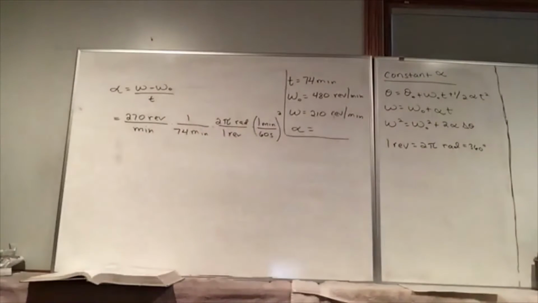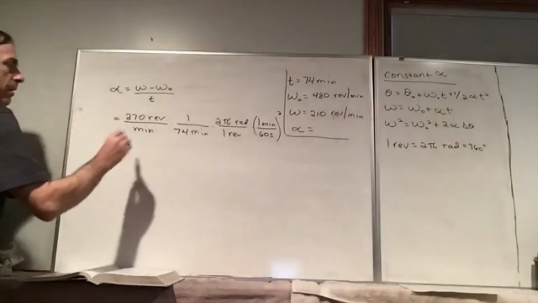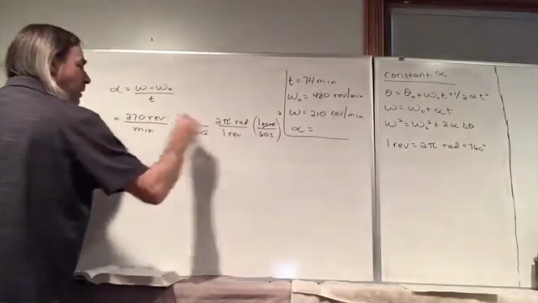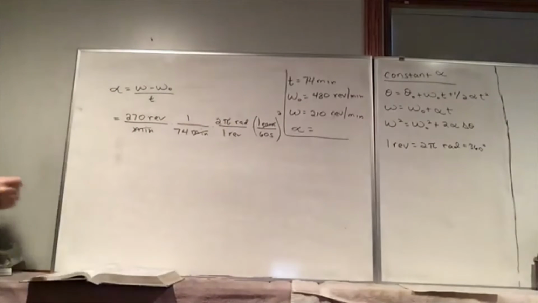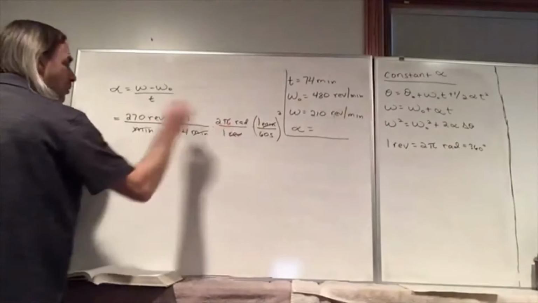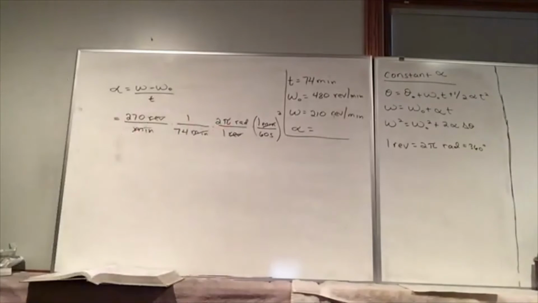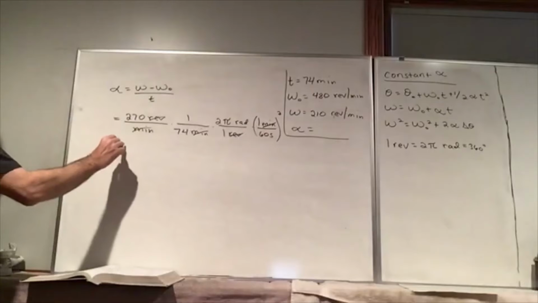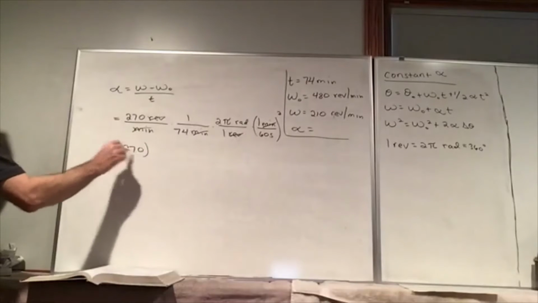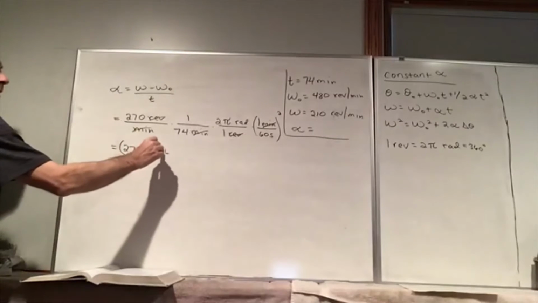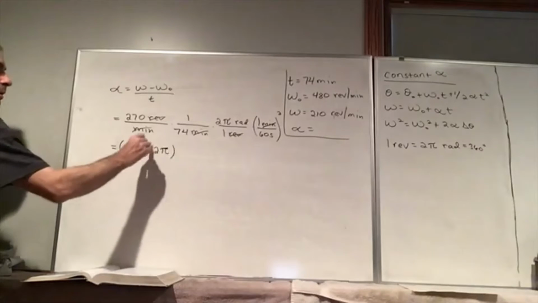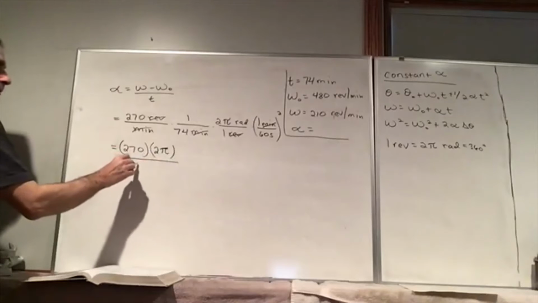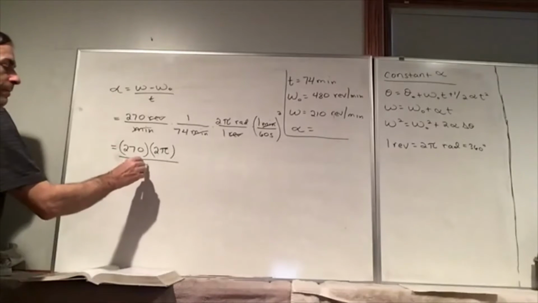And we square it. So let's check our units. Here, let's just cross it off. We have a minute squared, that cancels off those two. Revolutions canceled out. So we have radians per second squared. So we have 270 times 2 pi divided by 74 times 60 squared.